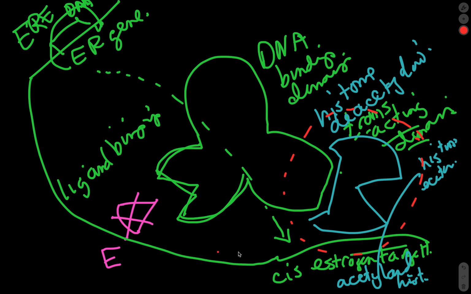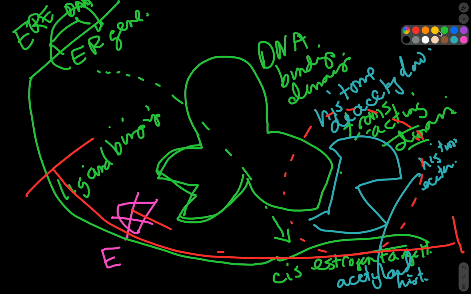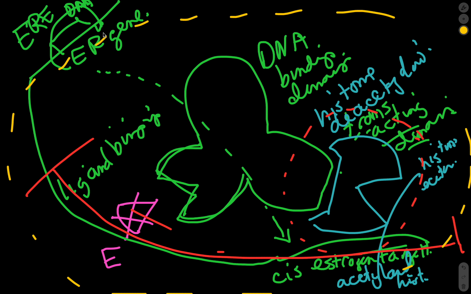So this is flopping around like it's on a leash, and everywhere along the length of the DNA, the histones are getting deacetylated. All along here, and it's thousands and thousands of nucleotides long and probably dozens and hundreds of histones, and this enzyme is targeting them all because this enzyme has a high local molar concentration because it's tethered to the estrogen receptor element DNA, and that DNA is what's tethered to the gene.